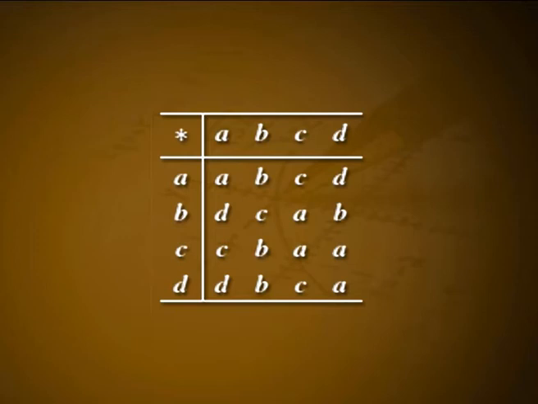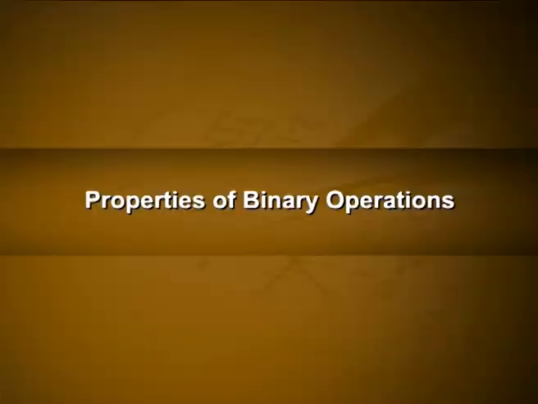The convention for interpreting the table is that b star d, for example, is defined to be the element at the intersection of the row labeled b and the column headed by d, so that b star d is equal to b. Similarly, c star d is equal to a, d star c is equal to c, c star c is equal to a, and so on. A table which defines a binary operation in this way is called a Cayley table.